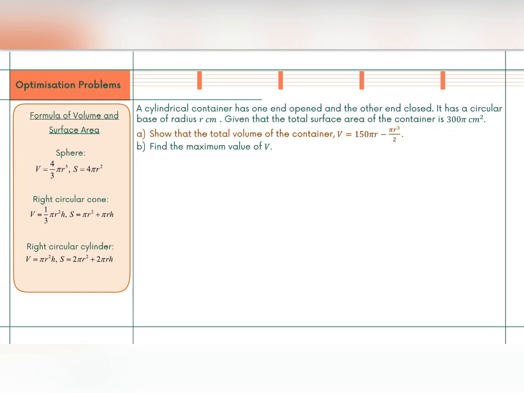Okay, now let's look at our example. A cylindrical container has one end open and the other end closed. Ini maksudnya kita punya silinder bekas tu terbuka lah. Okay, macam bekas tupperware balang kuih tu kan. Dia terbuka. So, saya lukiskan dia dahulu so that you can imagine. So, let's say this is our cylindrical container.